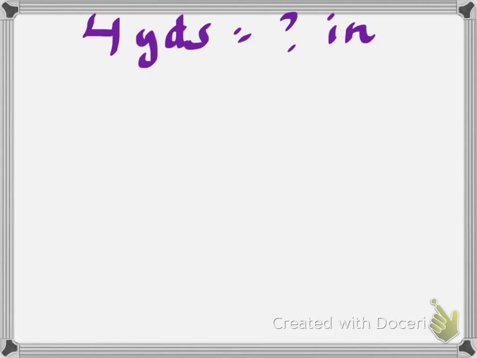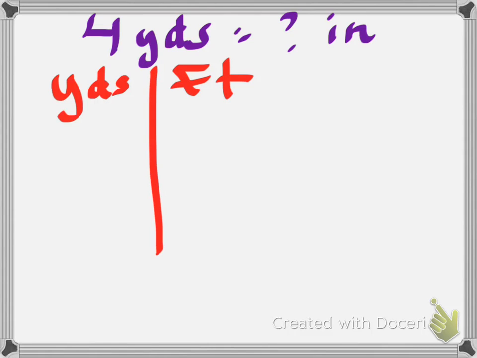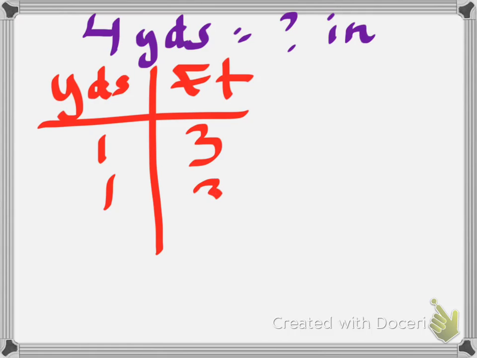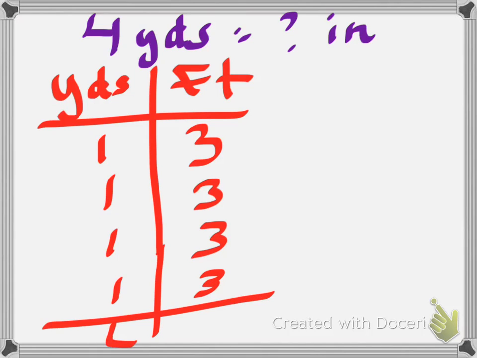If you don't know that 1 yard is 36 inches, you can do yards and feet. I know that 1 yard has 3 feet. So I'm going to do that again: 1 yard, 3 feet, 1 yard, 3 feet, and 1 yard, 3 feet. And that would give you 4 yards with 3, 6, 9, 12 feet.